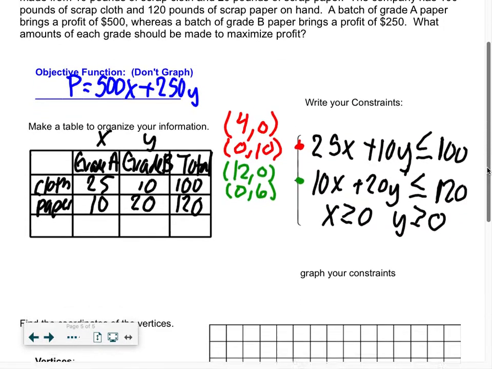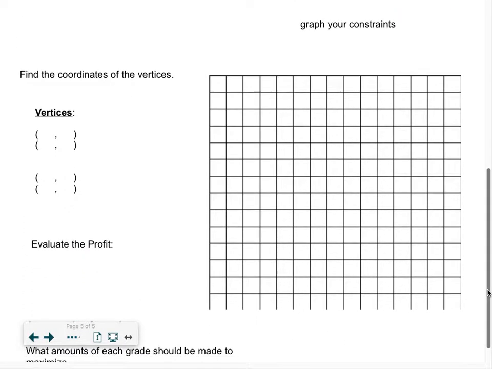Almost done. Go down to the graph. We're going to go up by ones. I'm going to mark every 5. That's all we gotta do is graph our intercepts.